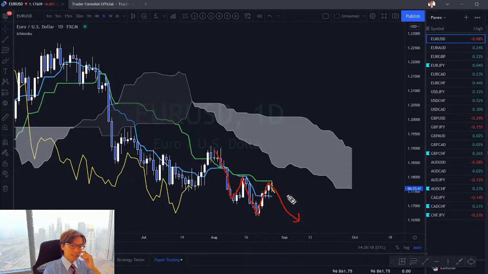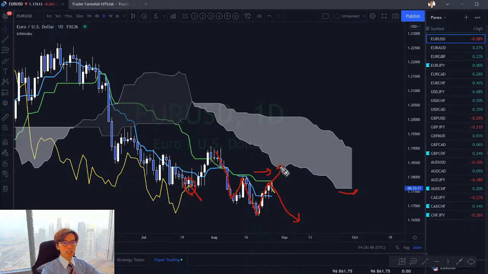But it's not certain because, once again, Kumo Senko span is flat, and Kijun-sen is flat right now, and Chikou span touching. So in this condition, the market might break the Kijun-sen upwards here too. So better to wait until at least Chikou span comes below the candles and look for a sell chance in lower time frames.